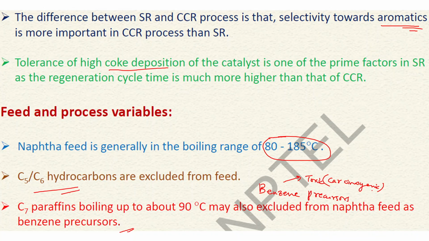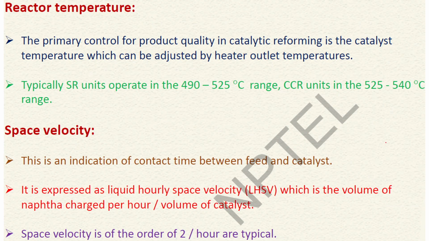Okay. And this feed boiling range is from 80 to 150, whereas in the case of reformate, as we get hot reformate after the reforming procedure, it may vary up to 210 degrees C boiling point. Okay.